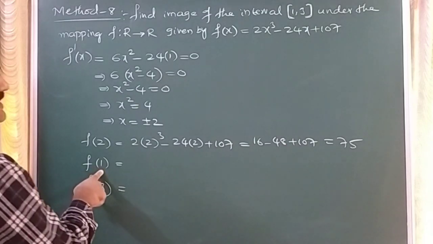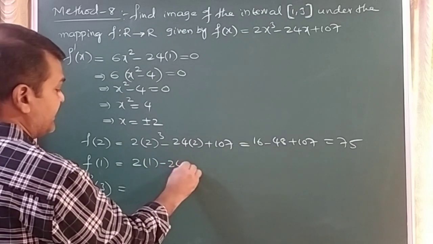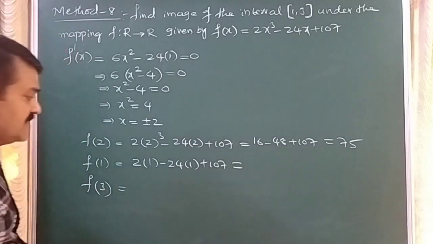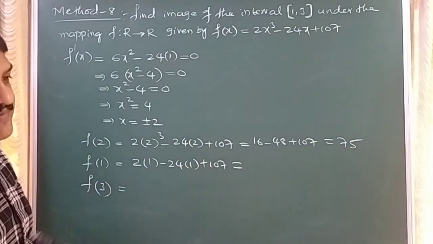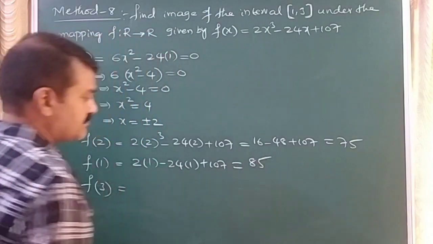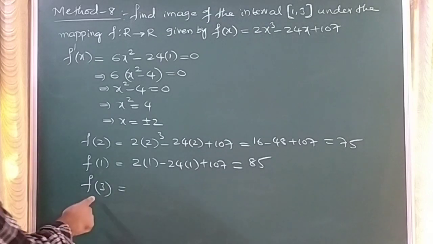Now come to f of 1. Put 1 in the function. 2 into 1 minus 24 into 1 plus 107. Minus 22 plus 107. So 107 minus 22, that is 85. f of 3 now.